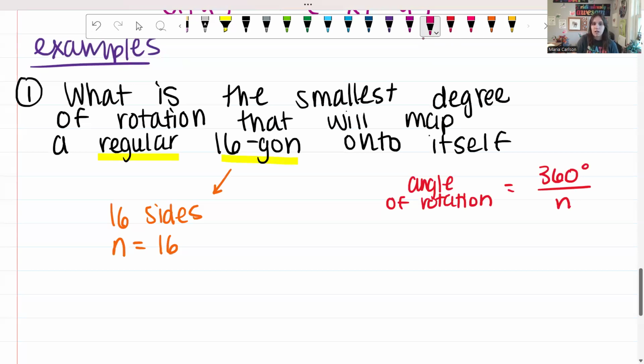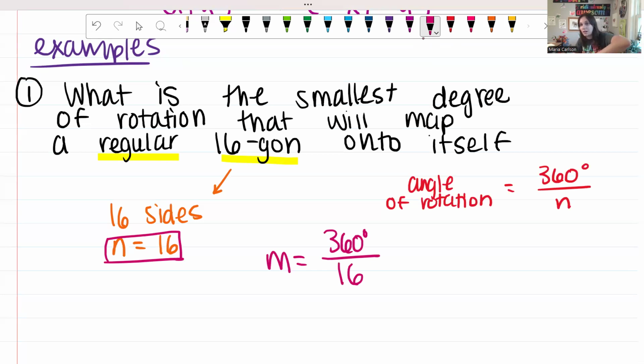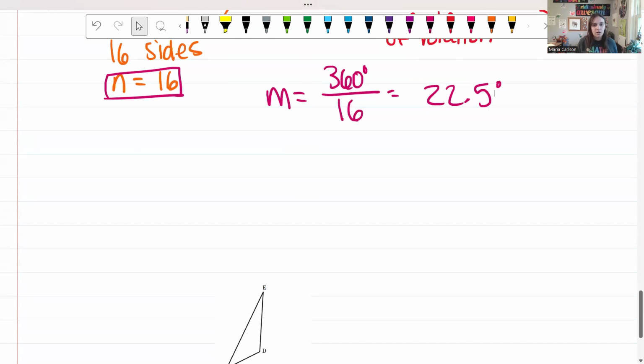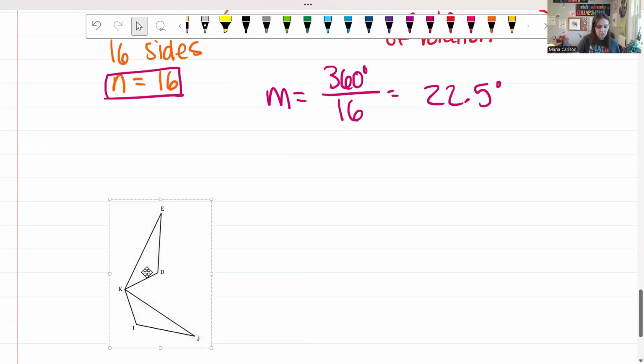So our angle of rotation M is 360 degrees divided by N, which is 16. So 360 degrees divided by 16 sides, because really it would just rotate on each side. So 360 divided by 16 actually gets you 22.5 degrees. So that's the smallest possible number of degrees we could turn a regular 16-gon, and it would be the same shape.